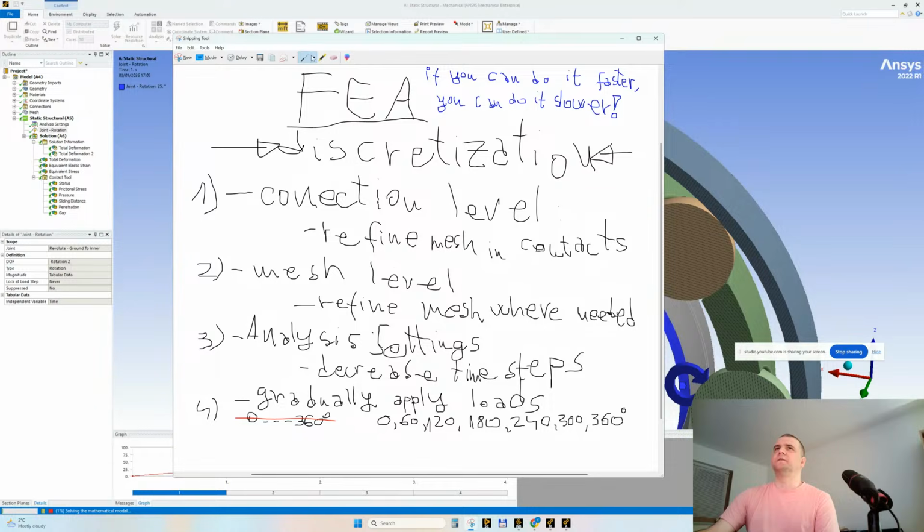Slower. So my advice is not to force things, not to go very fast, but to gradually increase the mesh. Yes, this is why here I said start with coarse. Start coarse.